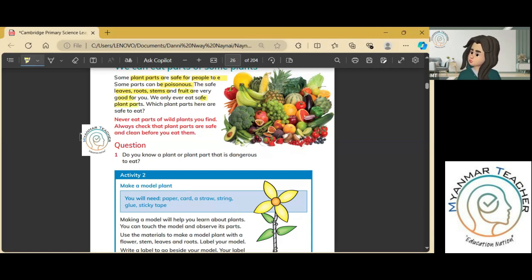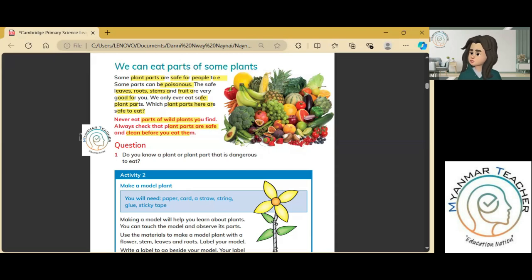Which plant parts here are safe to eat? Never eat parts of wild plants you find. Always check that plant pots are safe and clean them before you eat. Wild plants are not treated, and it could be really bad for us, so we shouldn't eat them.